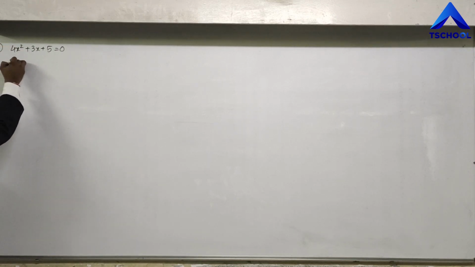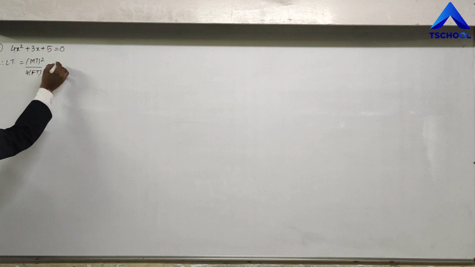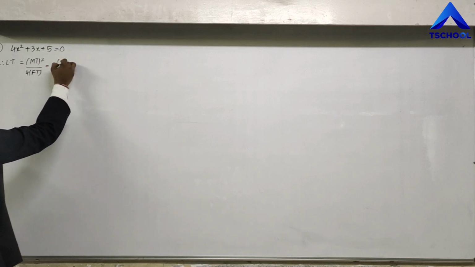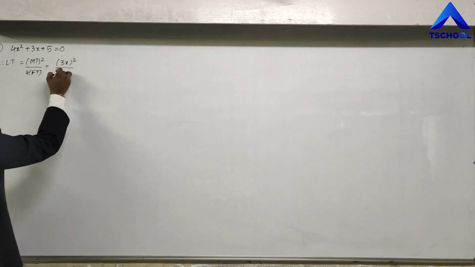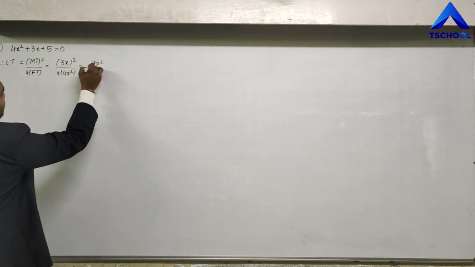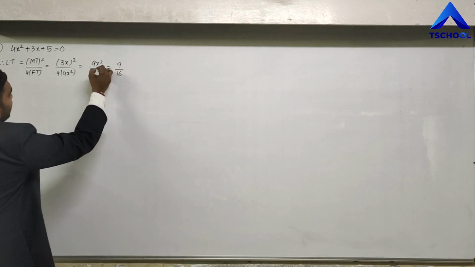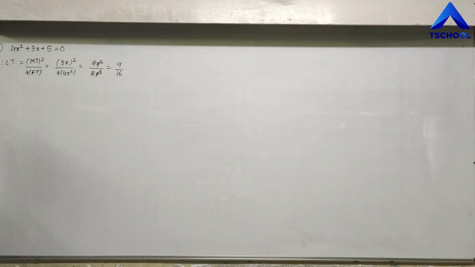So we shall find the last term, that is middle term square upon 4 into first term, that is 3x whole square upon 4 into 4x square, that is 9x square upon 16x square, and that is 9 by 16. This x square and x square can be cancelled.